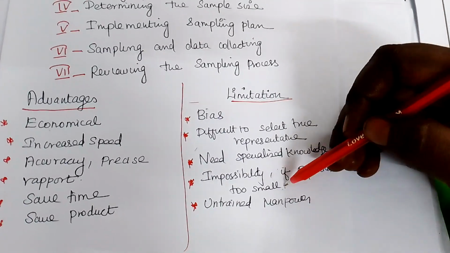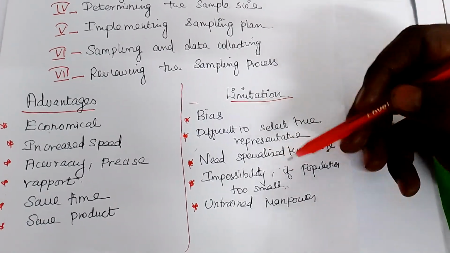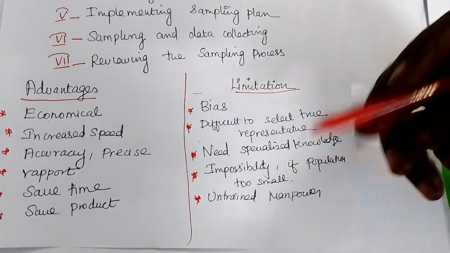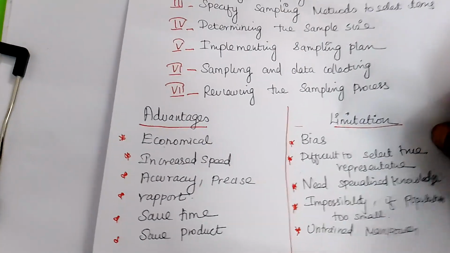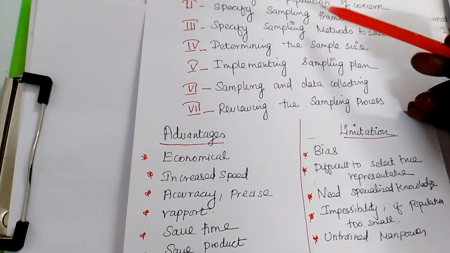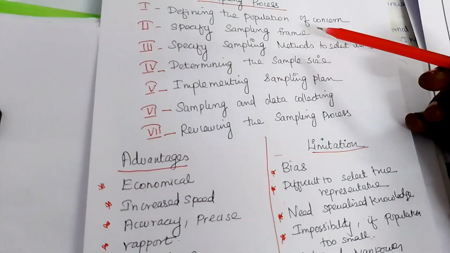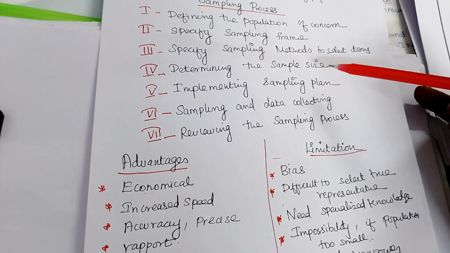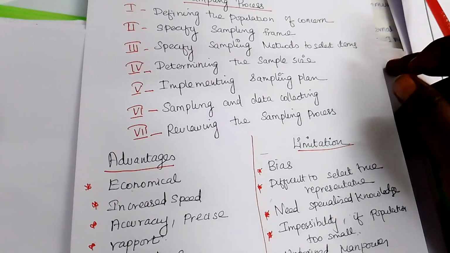If it is too small, you cannot select a sample. With very few students you cannot select it. And with untrained manpower, we cannot select it. So this is the sampling process: defining the population, specifying the sampling frame, then specifying the sampling method, determining the sample size, implementing the sampling plan, and data collection and review of the sampling process.